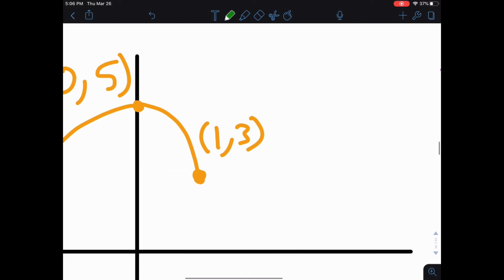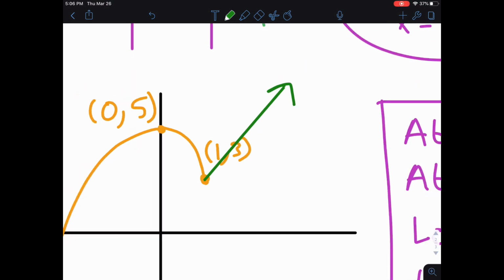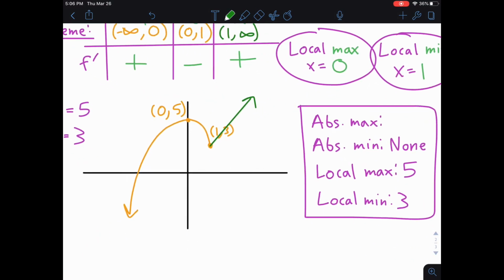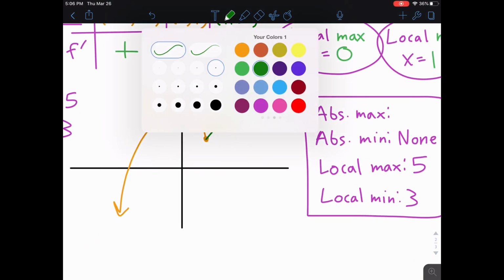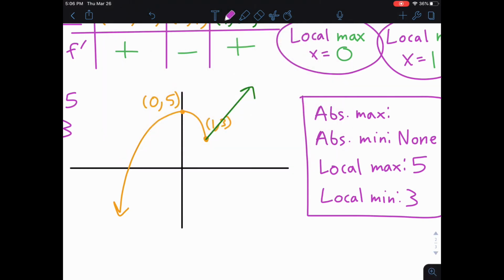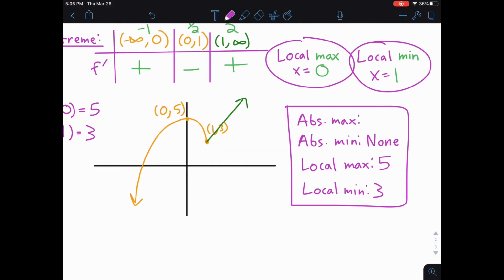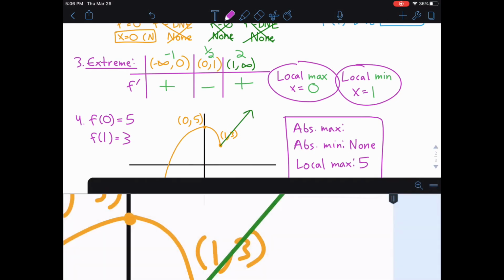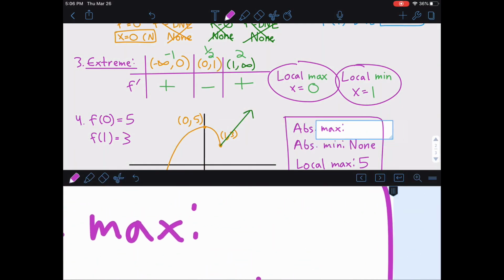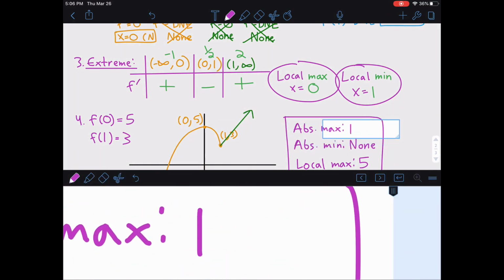And we already know it's going to connect. And so line with the slope of 1, it's going to look like that. And so here's my graph of f of x, right? And now what's happening here? Is this graph going up forever? Indeed it is, to the right. So is my local max my absolute max? It is not. And so I will say none.